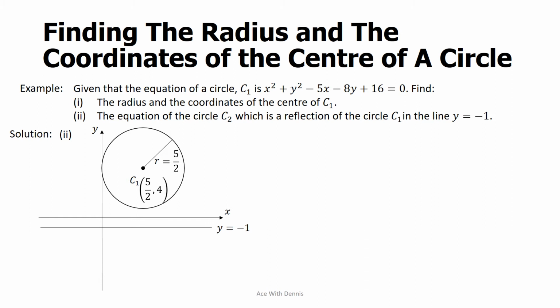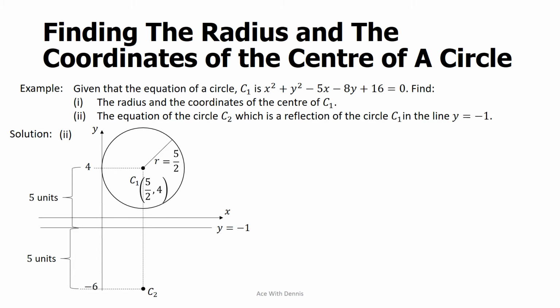So this is how we determine. Now the distance between the center of the circle C1 to the line of reflection is 5 units. Therefore, the center of the image of the circle will be 5 units as well below the line. And this will be the center of the circle C2.